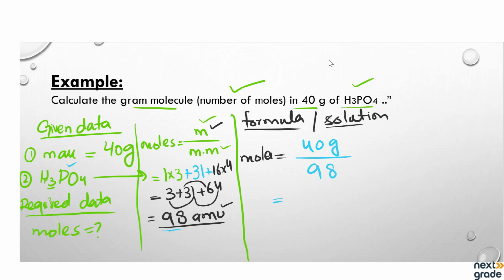So 40 grams divided by 98, we will get 0.4081 moles. It means if we have 40 grams of H3PO4, it is having 0.4081 moles of its substance.